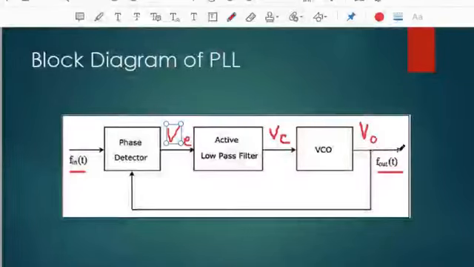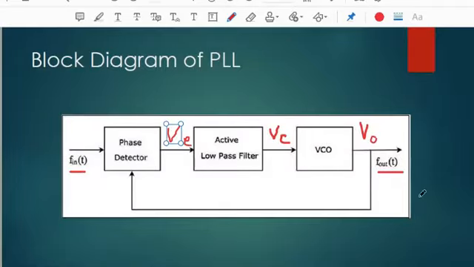Now, the frequency of this output signal is shifted towards F in. This signal is given as input to the phase detector. Again, in the second iteration, the signal is compared with the input signal, an error signal is produced, and it is passed through the low pass filter to attenuate high frequency components. The signal is applied to the VCO, where it produces an output signal whose frequency is now a little more shifted towards F in.